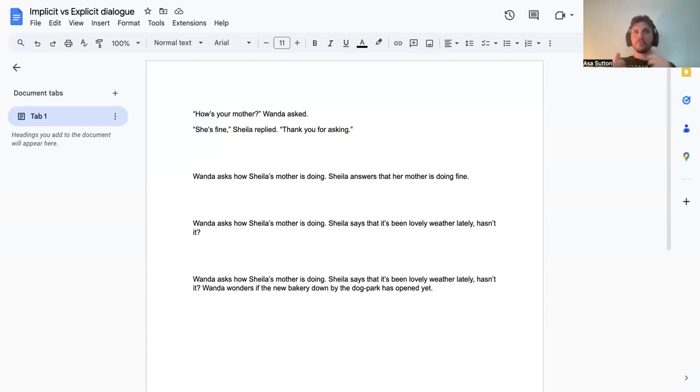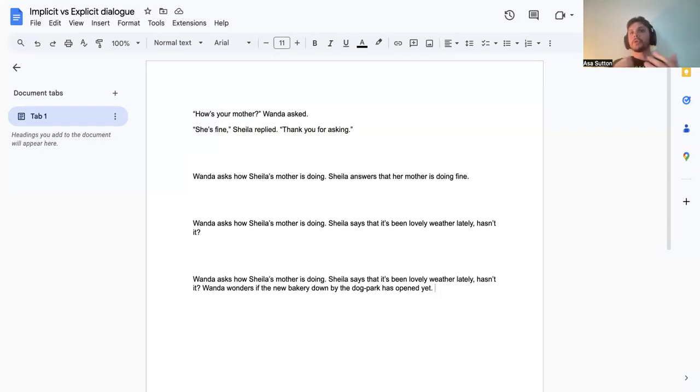There's room to create this idea that Wanda asks how Sheila's mother is doing, and there's an invisible Sheila who says her mother's doing fine. She says it's been lovely weather lately, hasn't it? Wanda says yes, it's been lovely weather lately, and she wonders if the new bakery down by the dog park has opened yet.